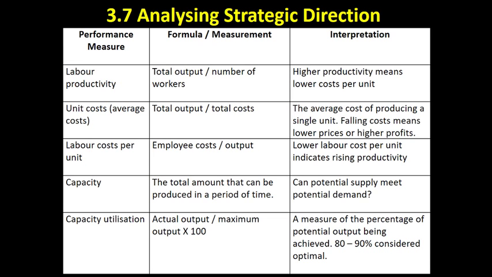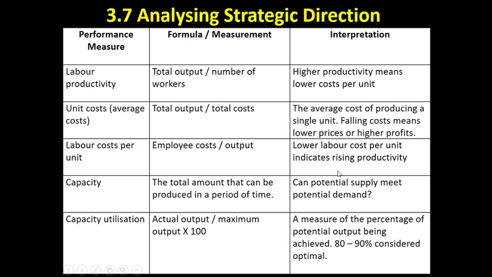So, these are the measures that were identified that you need to know at AS. I'm just quickly going to run through these. Labour productivity, really important, how much each worker is producing. The more each worker is producing, the better it will be for your unit costs, labour costs per unit.